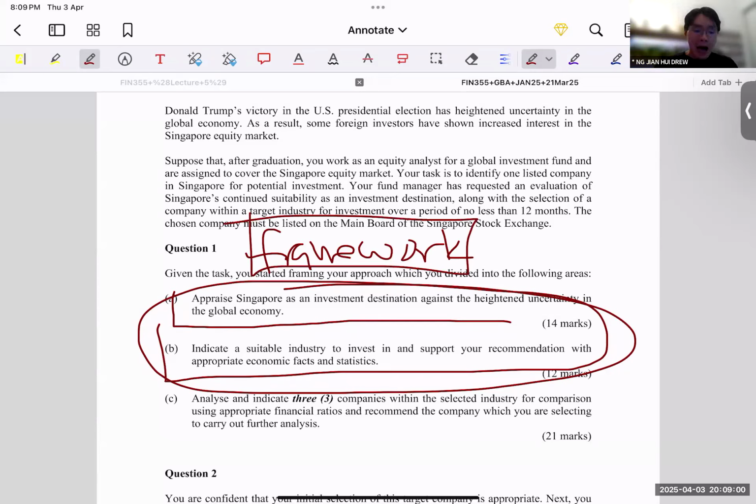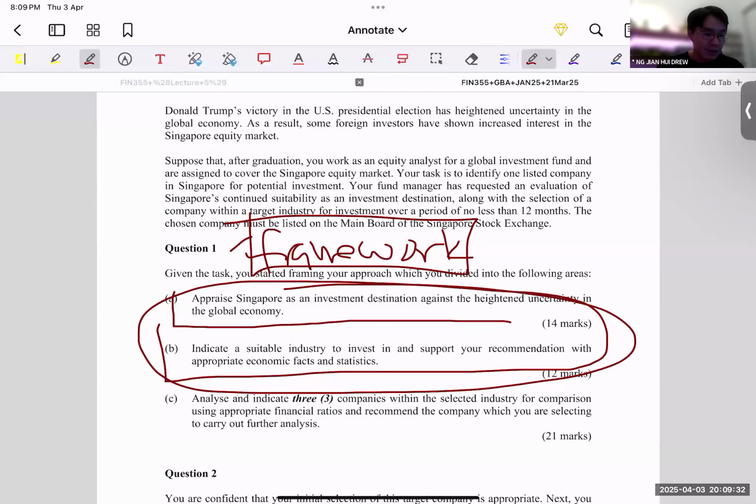So what's the framework? Remember in lecture one, we talked about a lot of frameworks, and way back in the first hour, I kept on talking about how this module is about equipping you with various tools and frameworks for qualitative analysis, which are also tools that you can use to do valuation, right?